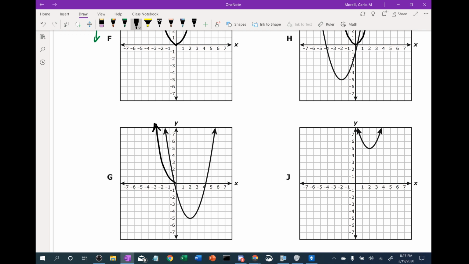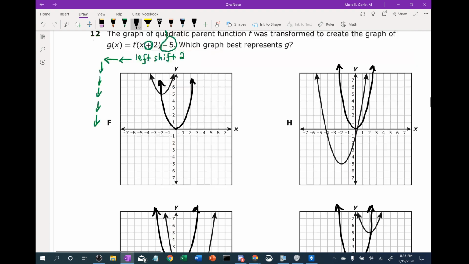So you just ask yourself, which one of these appears to have shifted left 2 spaces and down 5 spaces? And I would say that has to be letter H.